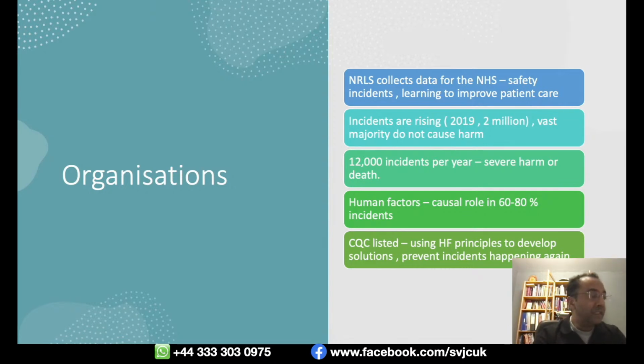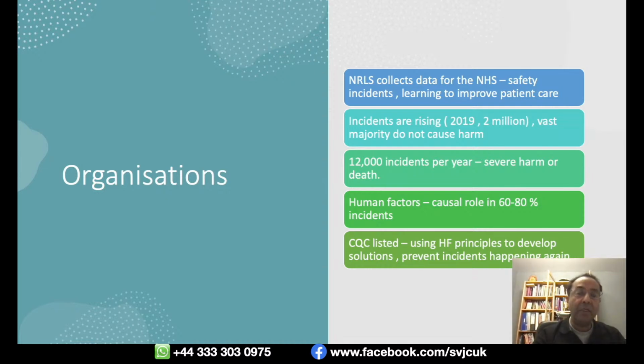review those incidents. In 2019, there were 2 million incidents reported to the National Reporting and Learning System. The majority of these incidents did not cause any harm, but about 12,000 incidents per year have led to serious harm or even death. And in this particular report, it was suggested that human factors were responsible for 60 to 80% of the incidents.